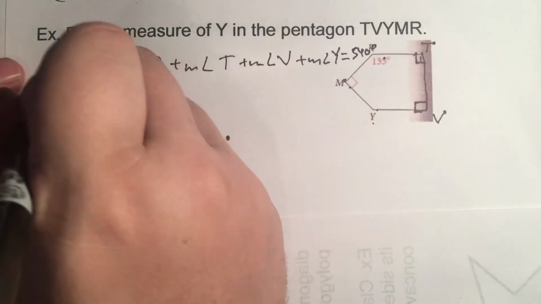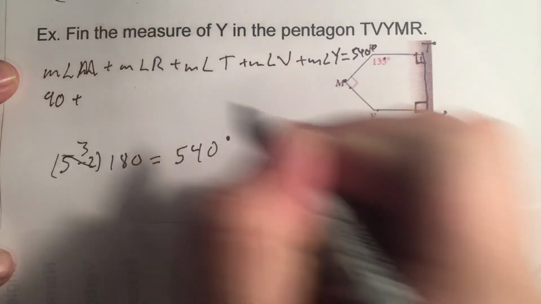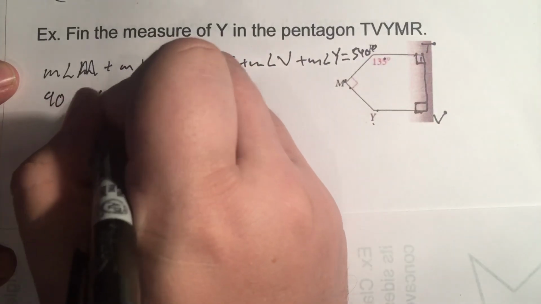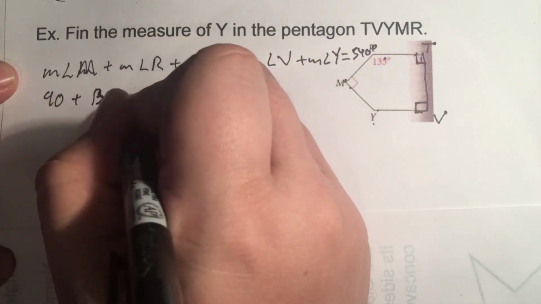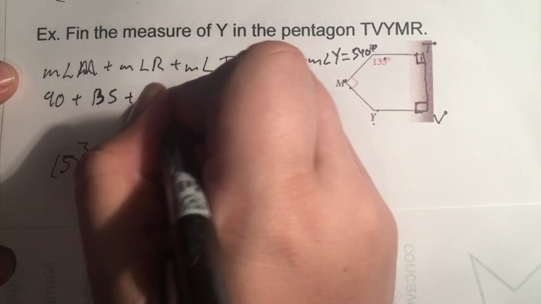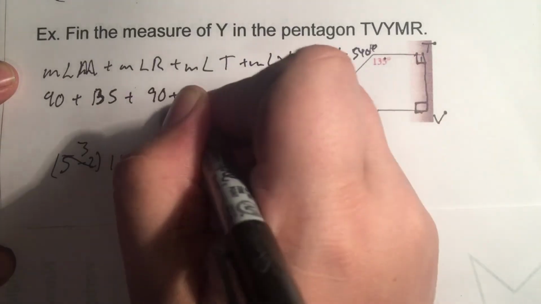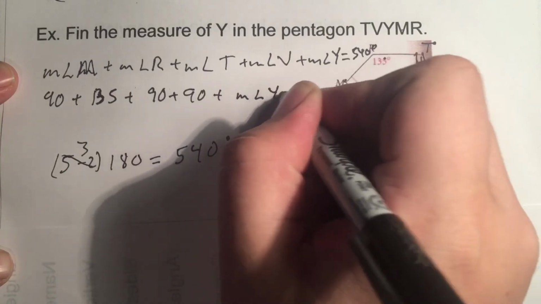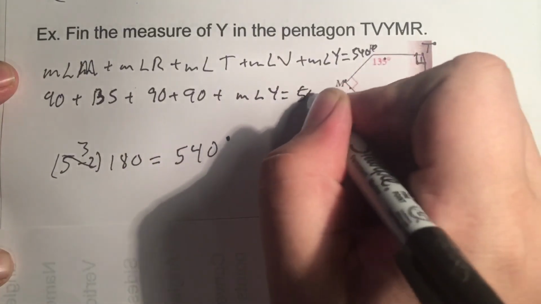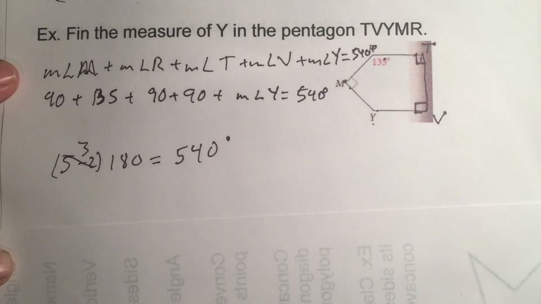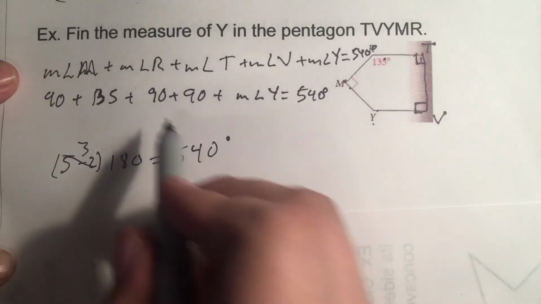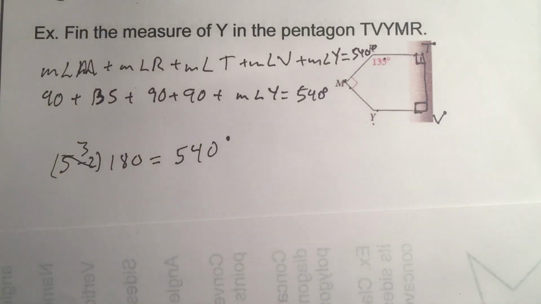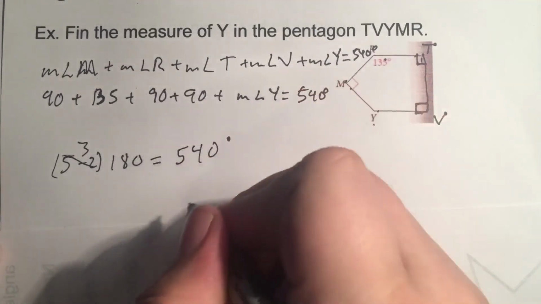So we know angle M is 90. We know R is 135. We know T is 90. We know V is 90. But we're still looking for the measure of angle Y. But we know in total it's got to be 540 degrees. So if we add these all up, 90, well there's 3 of them, times 3, plus 135, leaves us with 405.